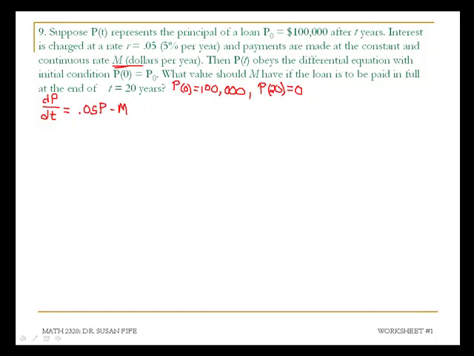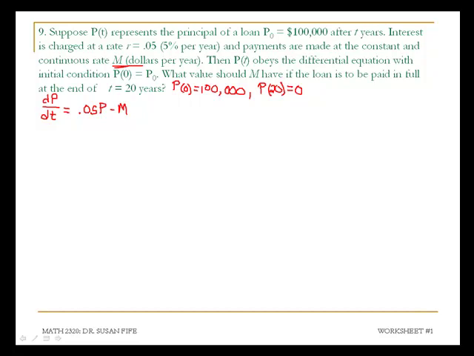Now, to find the value for m, we can't really do it with this derivative, but we could get rid of the derivative. We can't integrate both sides as is because we'd be integrating with respect to t to get rid of that dt, and here P is a function of t.